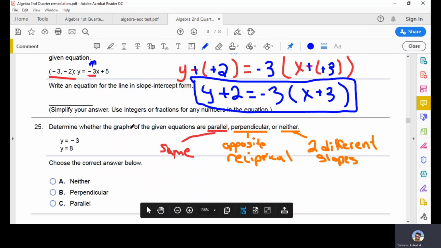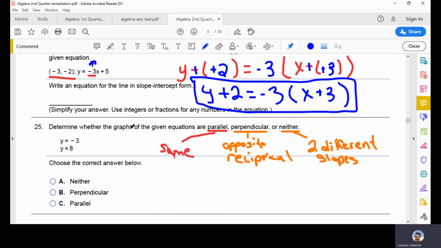This will be the last question we do for this one here. Notice that they have something set up here. They want us to determine whether the given lines are parallel, perpendicular, or neither. In order to do that, you have to be able to look at something and say, hey, I know that parallel lines, like the equal sign, run side by side forever.